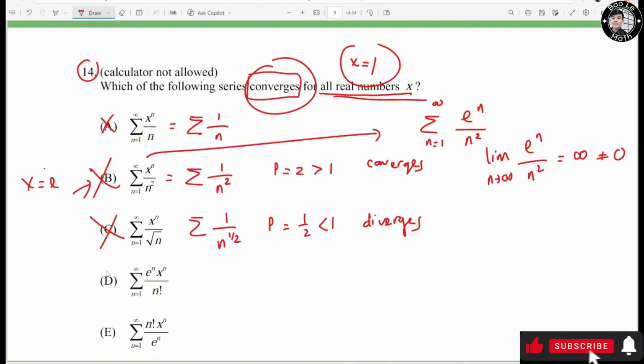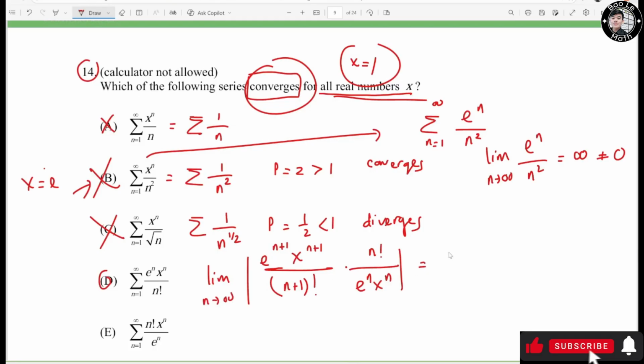Now we're going to test D using the ratio test, right? So we have the limit of a sub n plus 1, which is e to the n plus 1 times s to the n plus 1 over (n plus 1) factorial, divided by a sub n, which is n factorial over e to the n s to the n, when n approaches infinity.